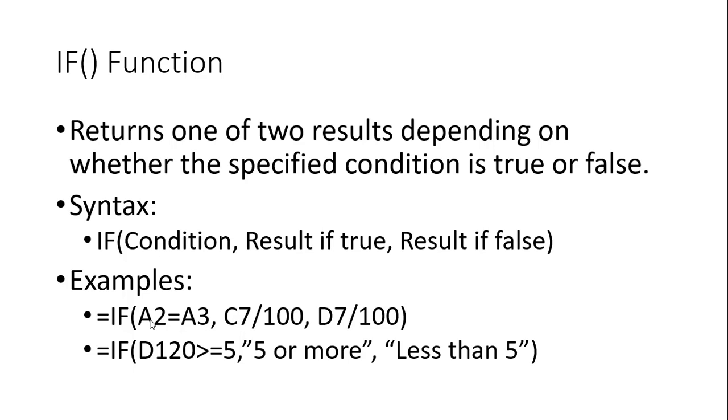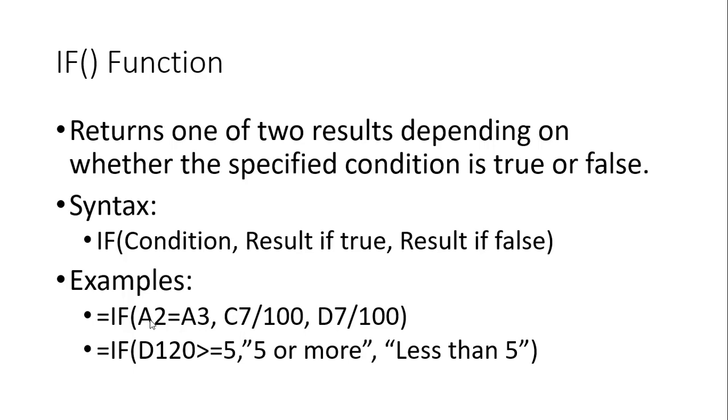In the next example, we have a different condition. If D120, now the greater than and the equal sign together means greater than or equal to. So if D120 is greater than or equal to 5, return 5 or more to the cell. Now, whenever we return a label to a cell using an if-then-else function, and actually using most functions that work with labels, we require that the label be contained within quotation marks.